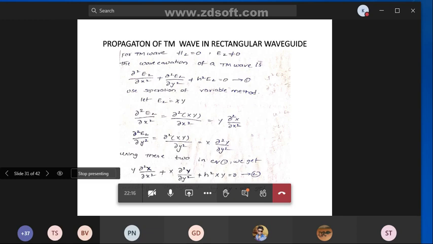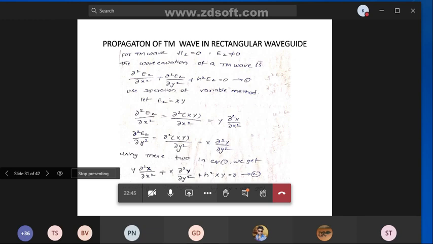Once again, I am explaining. For TM wave Hz equal to 0 and Ez not equal to 0. The wave equation of a TM wave is dou square Ez by dou x square plus dou square Ez by dou y square plus h square Ez equal to 0. By using the separation of variables method, take Ez equal to XY and substitute.